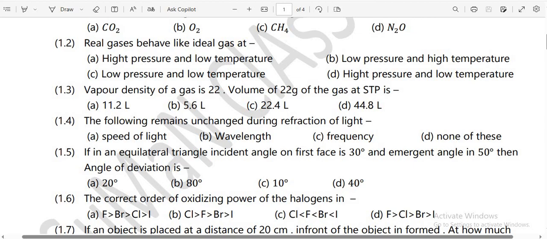Volume of 22 g of the gas at STP is option A 11.2 L, option B 5.6 L, option C 22.4 L, option D 44.8 L.